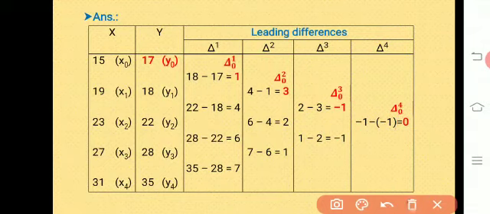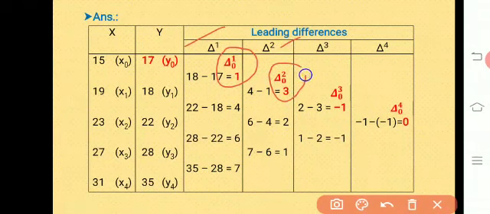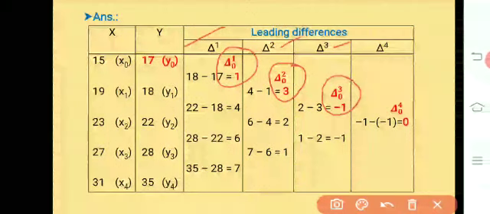That is, in delta raised to 1, first value is 1 and it is denoted by delta 0 raised to 1. Similarly, under the column delta square, first value is 3, it is denoted by delta 0 square. Under delta raised to 3, first value is minus 1 and it is denoted by delta 0 raised to 3.